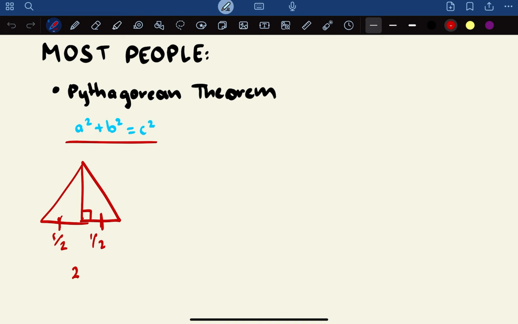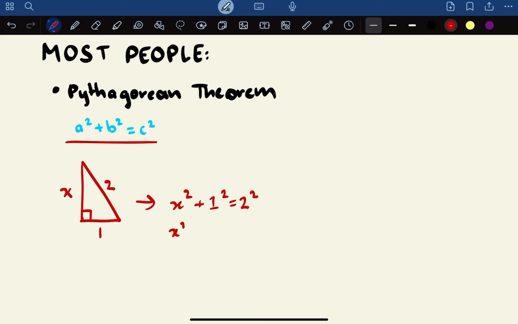So that means that our base is going to be 1. And obviously this side is the full length. We know what this is. So this is a 2. And this, let's name it x. So this means that x squared plus 1 squared is equal to 2 squared, which is x squared plus 1 is equal to 4, which is x squared is equal to 3.